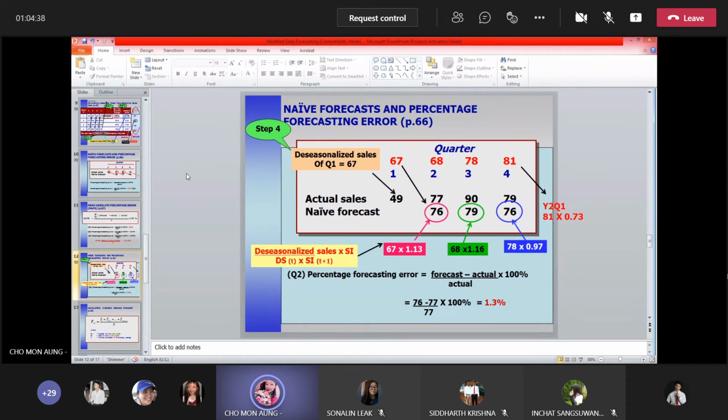If you are not sure, you can use the calculators, okay? Press the calculator, try to get the number.